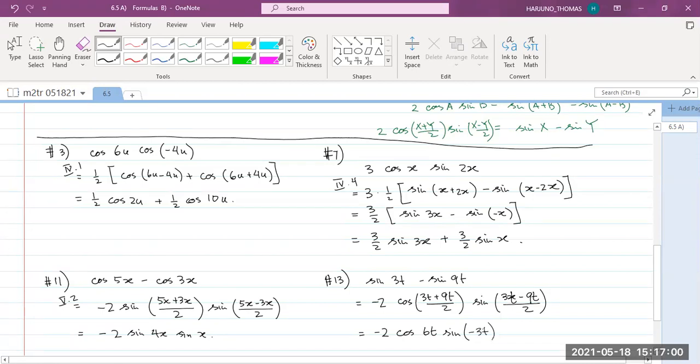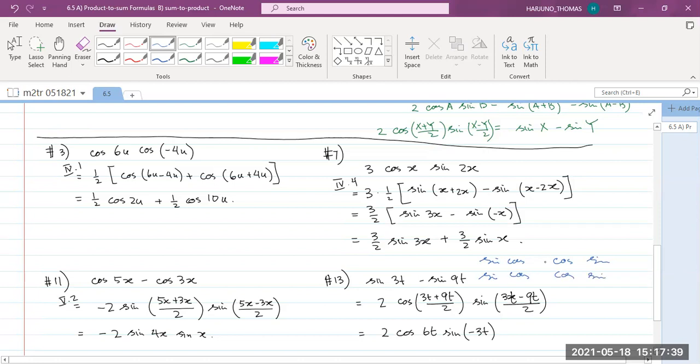Hold on. No, I don't need negative. The way I think is this: sine minus sine. The sine will give you sine cosine, and cosine sine.